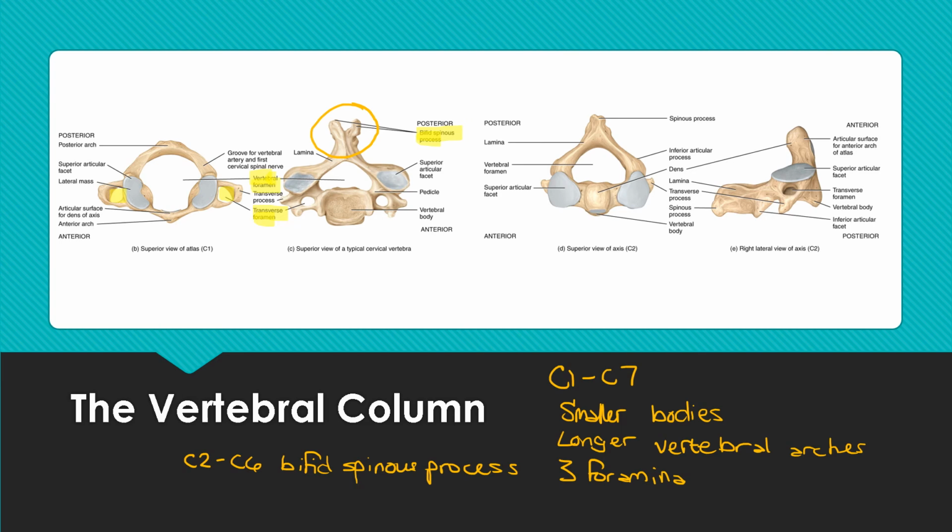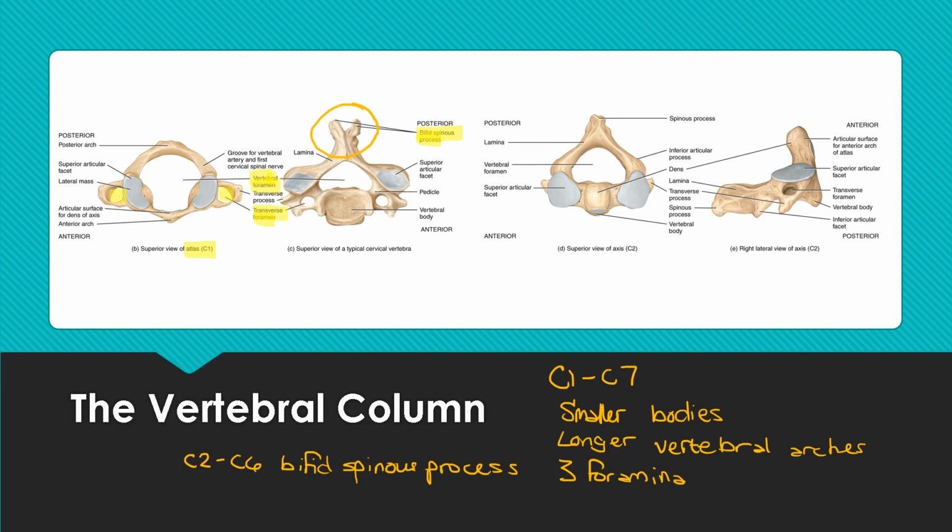Now, C1 and C2, the first 2 cervical vertebrae, do differ quite considerably from the other cervical vertebrae. On the left here, we have the atlas, which is C1. This is named after the mythical Atlas who supported the world on his shoulders. This is the first cervical vertebra, just inferior to the skull.